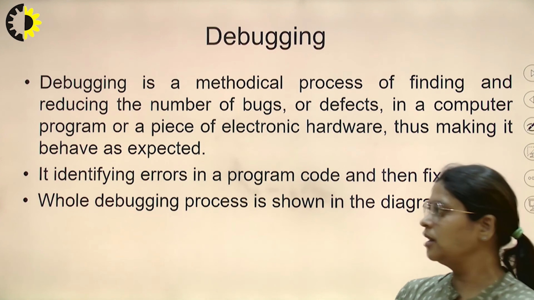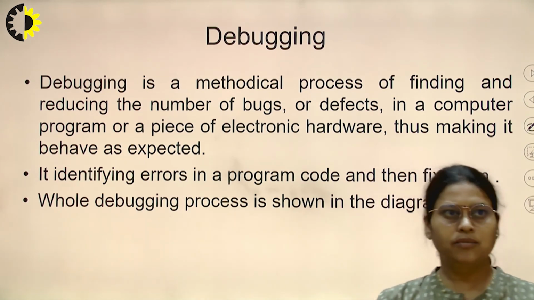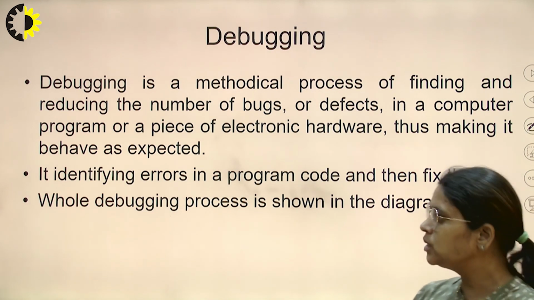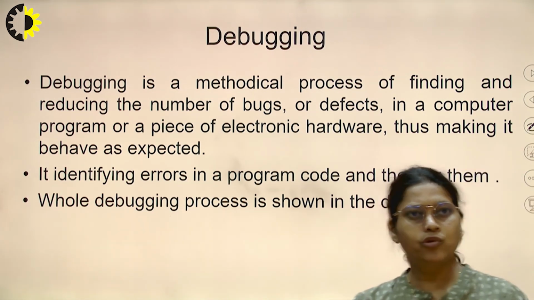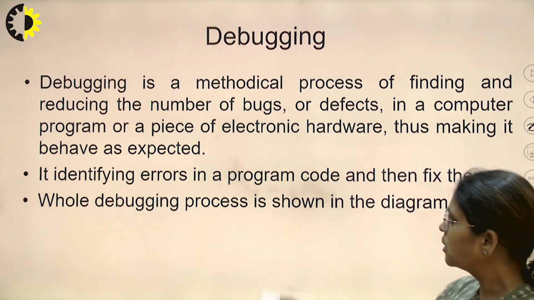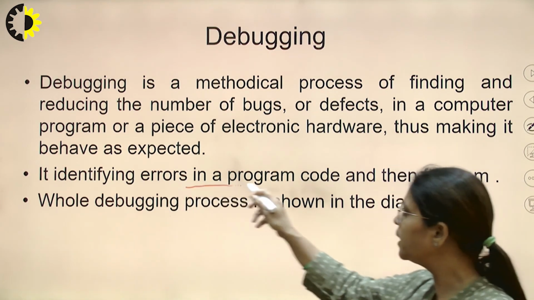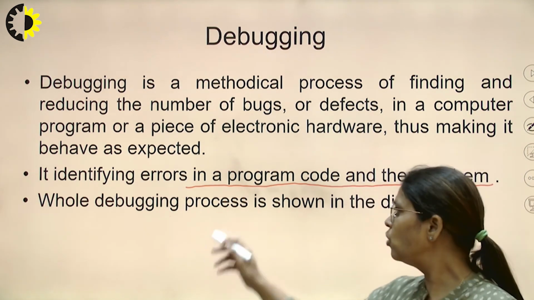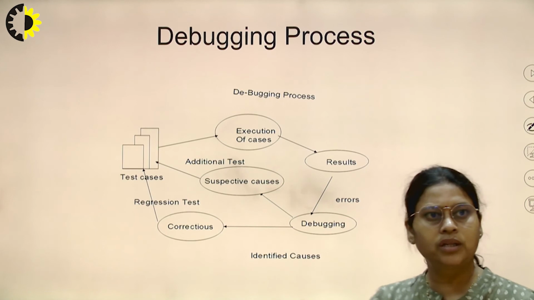Then we come to debugging. Debugging is a methodical process of finding and reducing the number of bugs in a computer program or a piece of electronic hardware. The basic purpose of debugging is to identify the errors in a program and then fix them. The whole debugging procedure is shown in this figure.